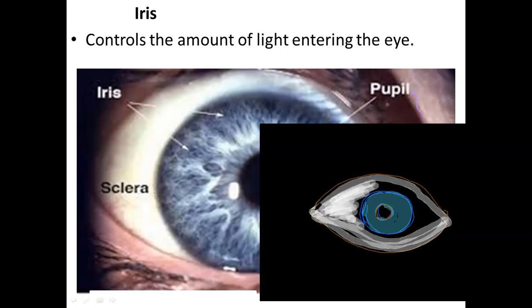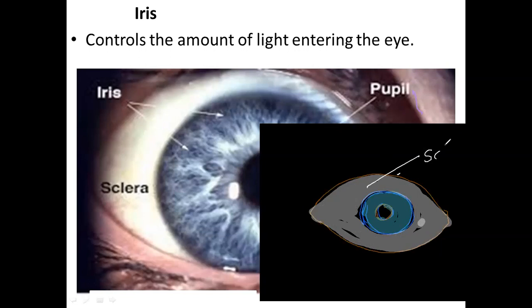You don't need to draw this carefully. Draw it in the book with a pencil, a rough idea, and just label the parts of that. This part is the sclerotic layer. This is the iris and this is the pupil.